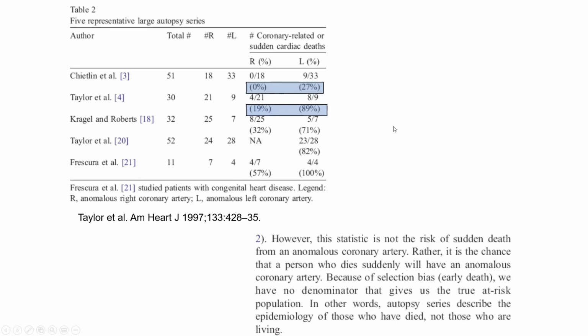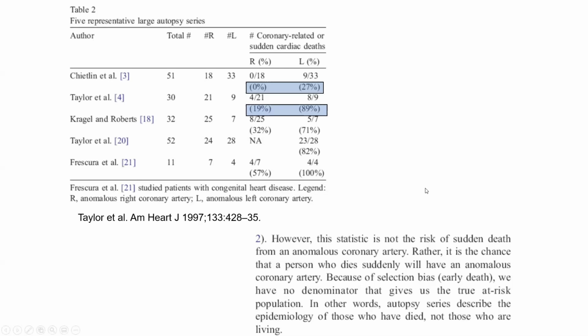It is possible and maybe likely that the lifetime risk of sudden death from an anomalous left main is only 0.5% or 1%, when the denominator is all patients with anomalous left main. But if out of all patients with anomalous left main, you only autopsy the 0.5% that died suddenly in unexplained death, then the risk of sudden death will evidently look overinflated.